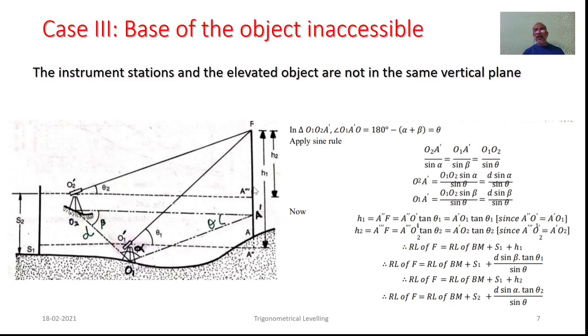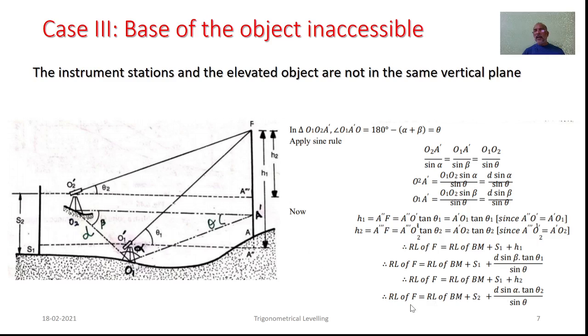So, having this particular H1 as well as H2 worked out, now the RL of F can be determined as, say, RL of benchmark plus this S1 plus H1 if the instrument setup O1 is considered. If we consider the other setup, RL of benchmark plus S2 plus that H2 will give us the RL of the station F.